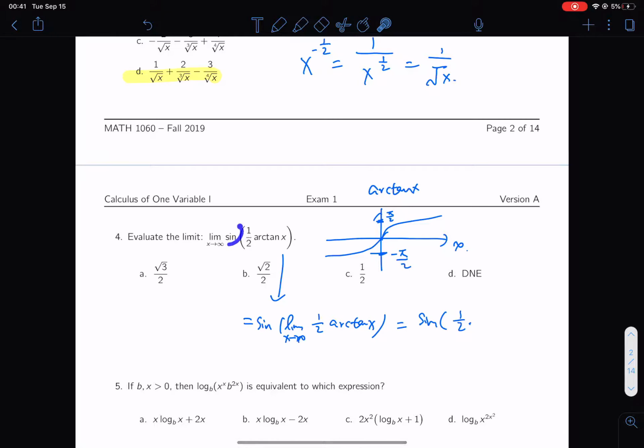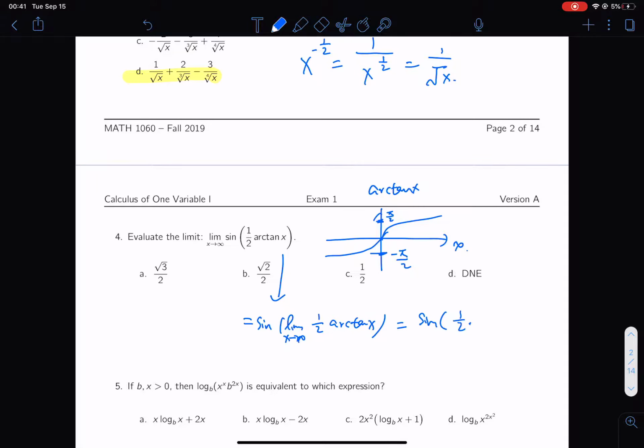So the sine function is a continuous function. Arctangent of x is also a continuous function, so we can take the limit inside. That means the limit is equal to sine of the limit as x approaches infinity of this one. And then we know the inside one, arctangent of x when x approaches infinity, is just pi over 2.